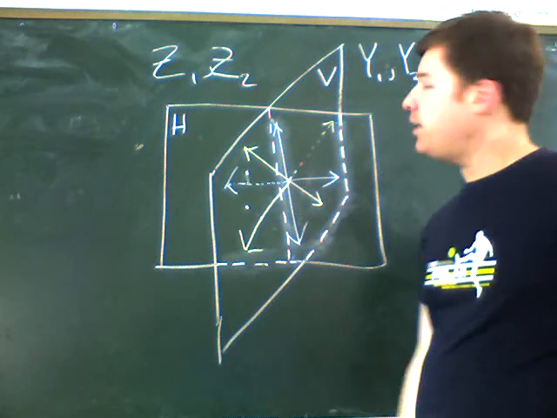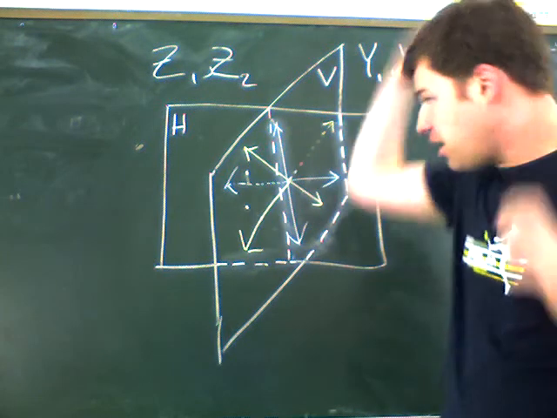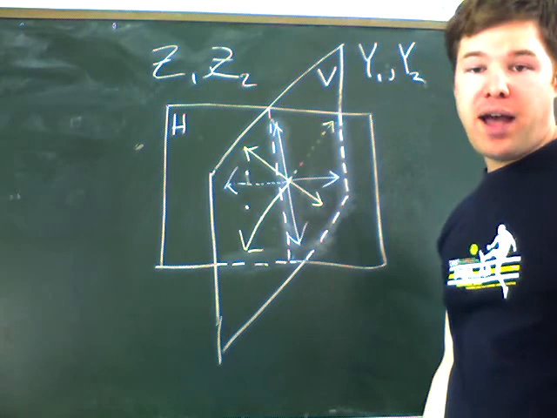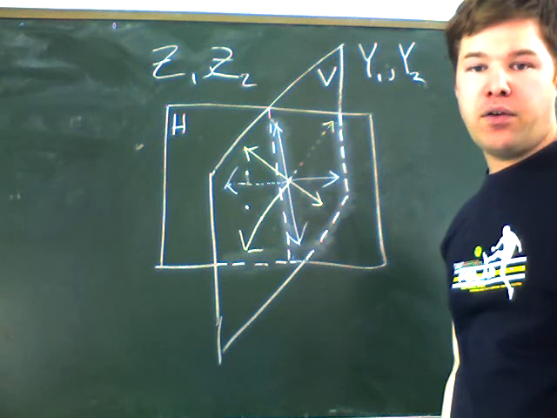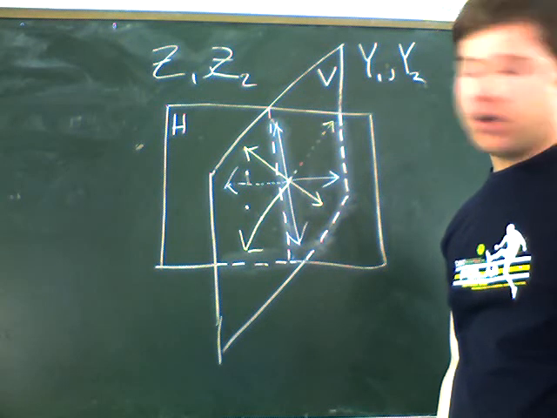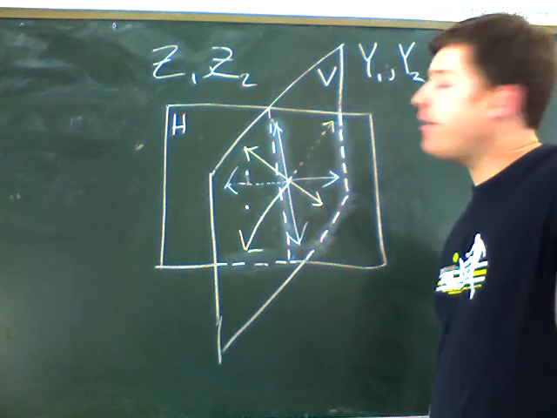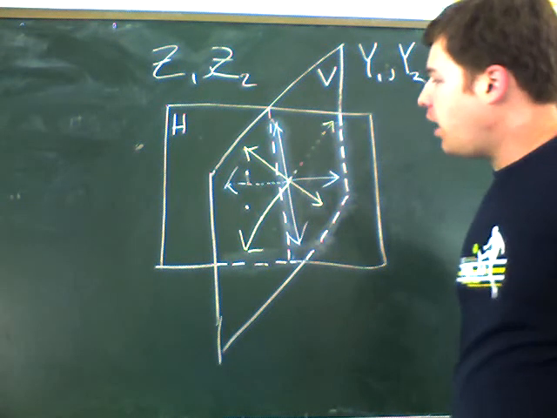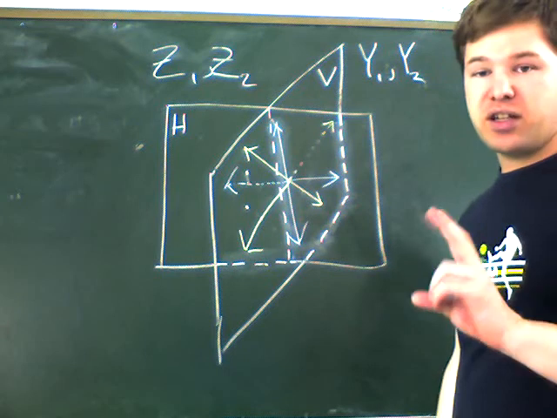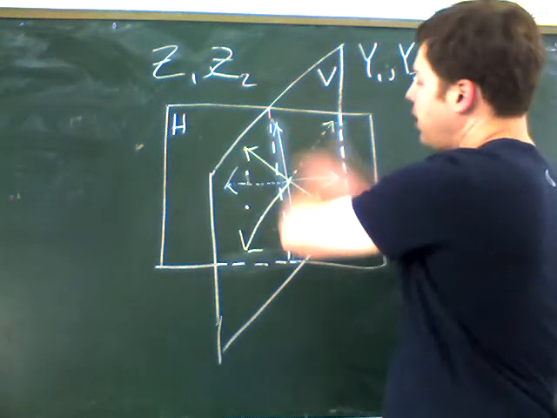Okay, so to summarize, imagine that we have two sets of simultaneous solutions of linear equations. Each set has two lines, and each two lines are going to be on one plane.